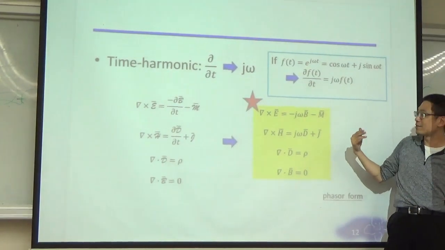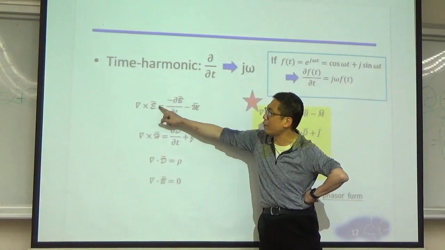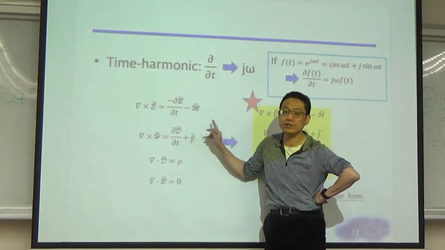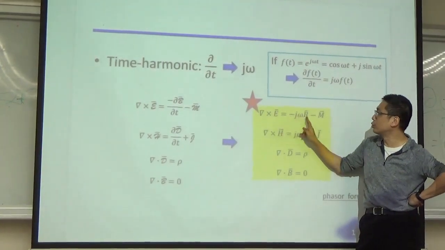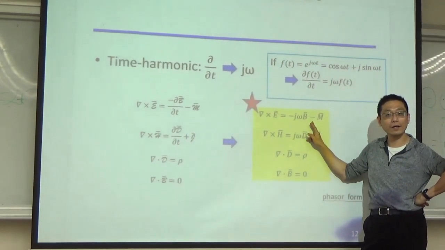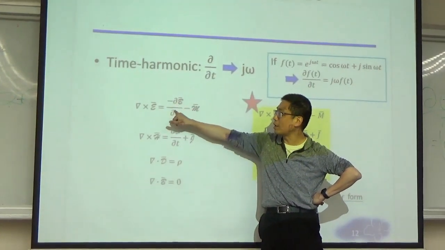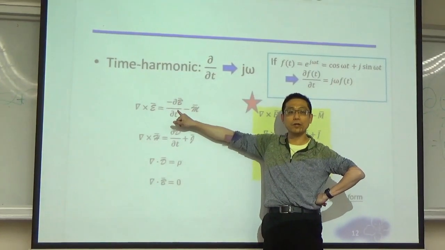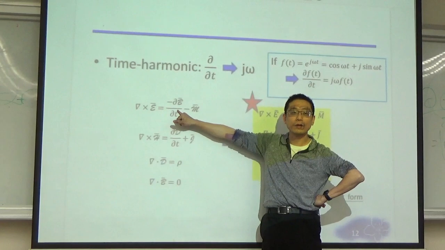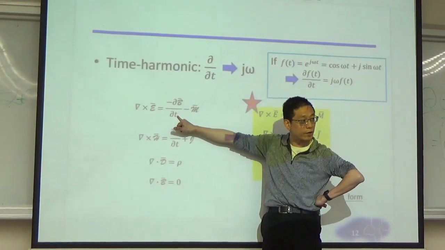So, when you change all the characters from the spatial characters to our normal characters. Second, if you see the partial differential derivative with respect to time, you change that to j omega only.